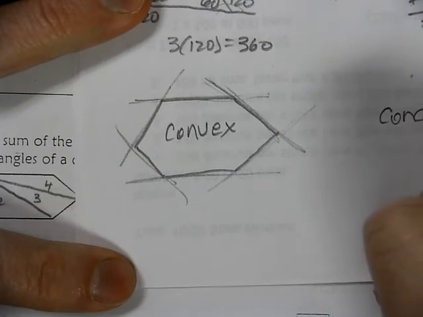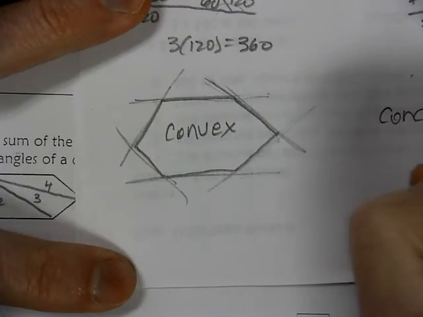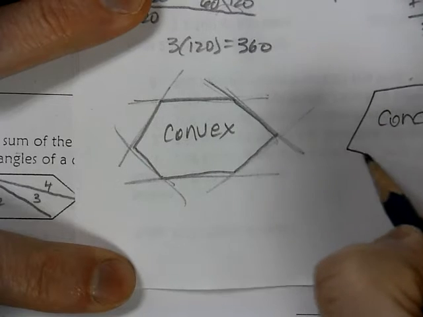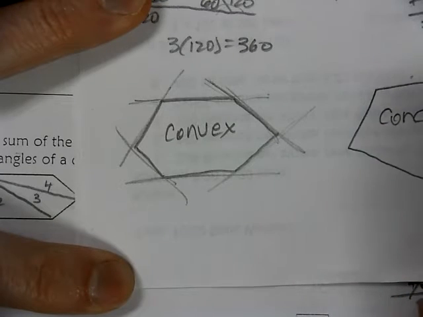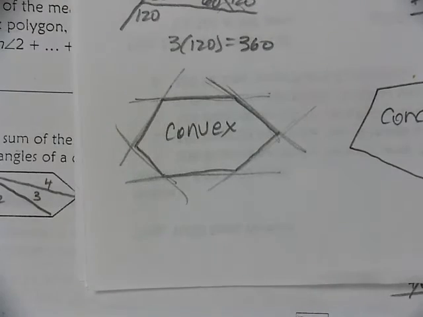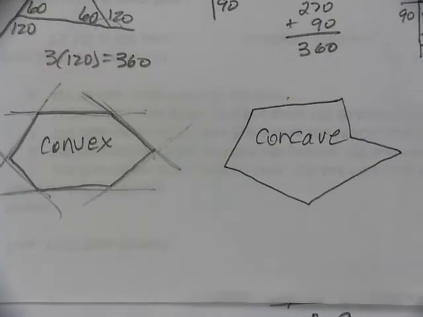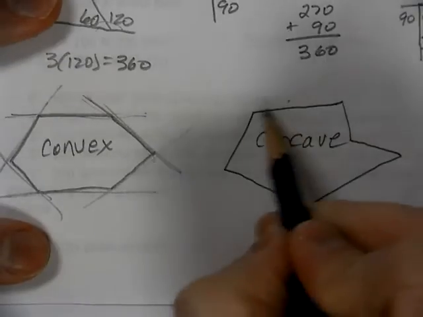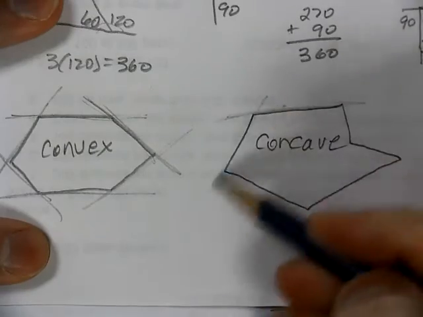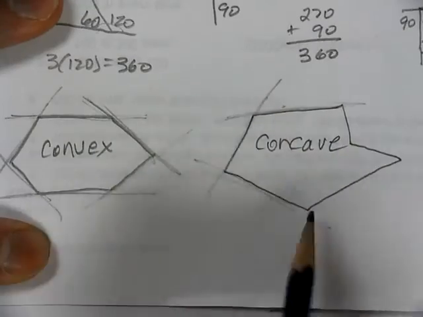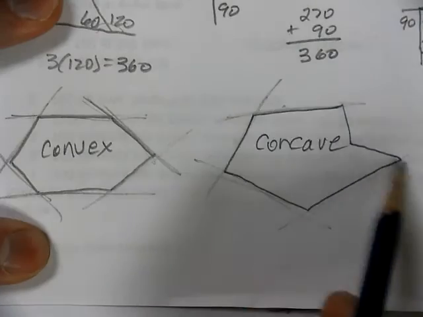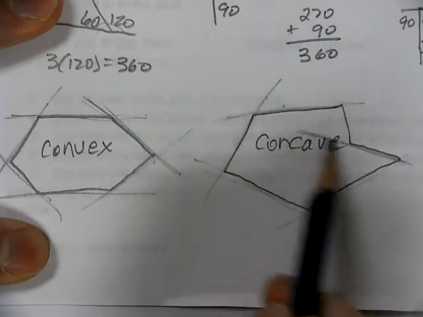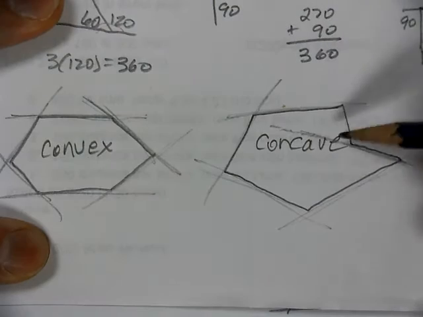Concave, that would be considered concave. You can extend the sides, and some of them won't go onto the interior, but there will be some that actually go into the interior, and that's a way to test.